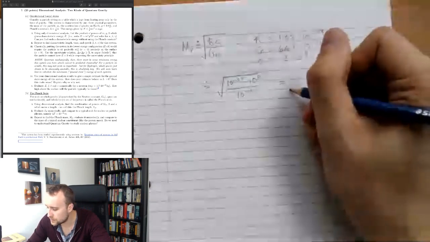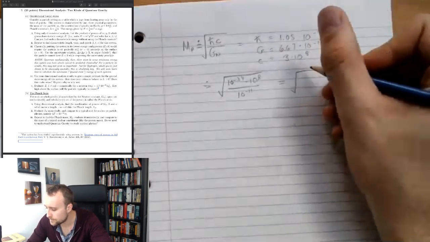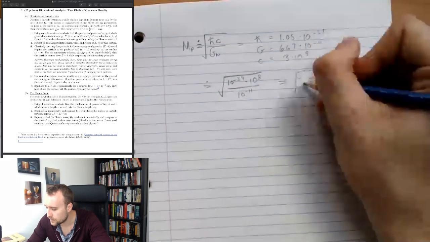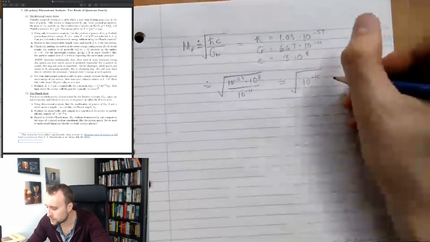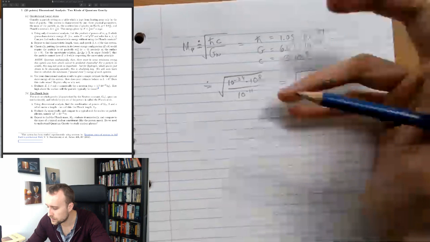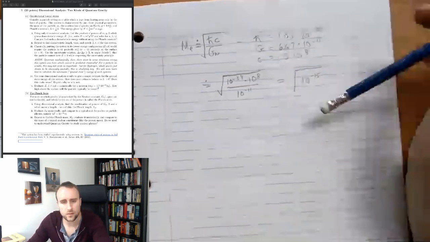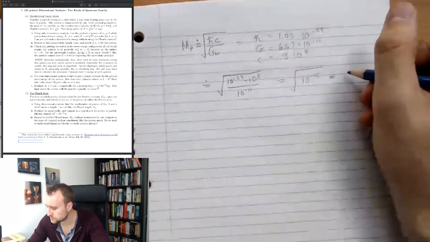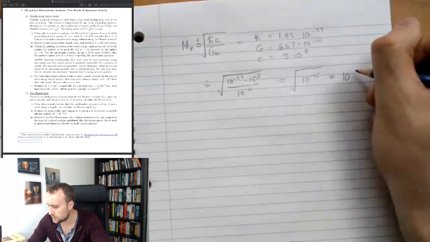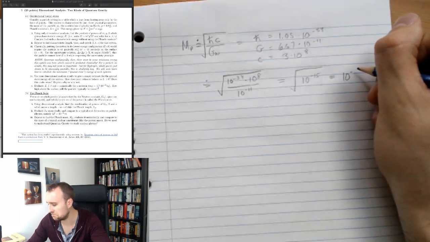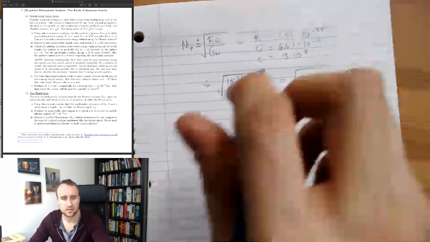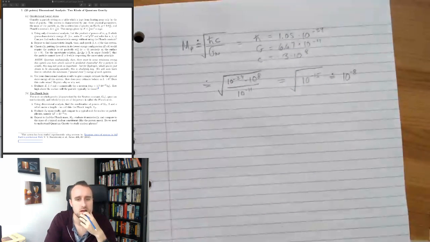Is equal to 10 to the negative 15. No, this seems too big. What am I doing wrong here? This seems like 10 to the negative, I don't know, 10 to the negative 8-ish. Oh, it is. Okay, it is 10 to the negative 8, so that is kind of right.